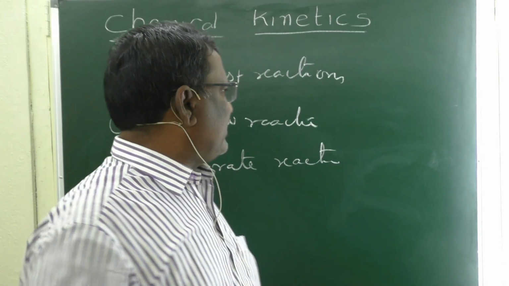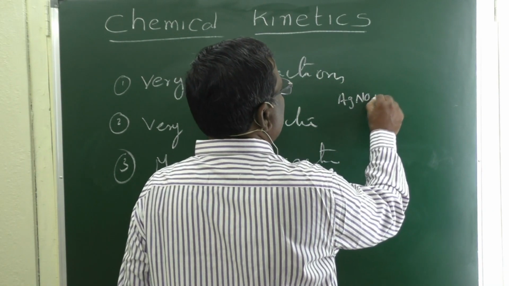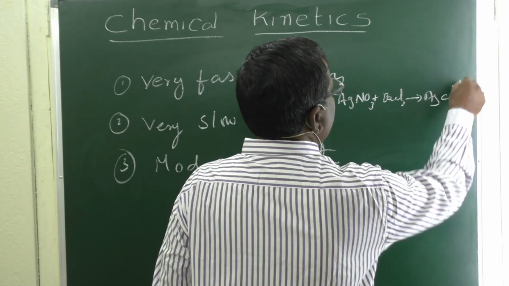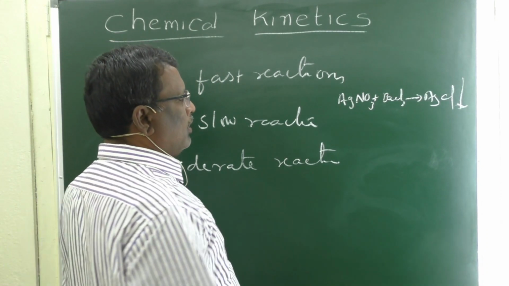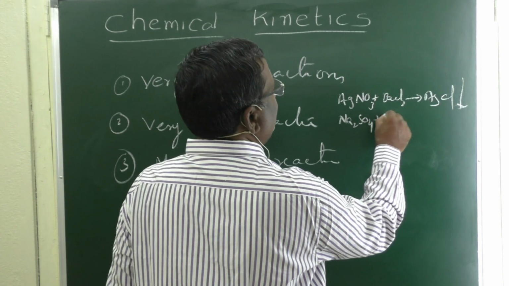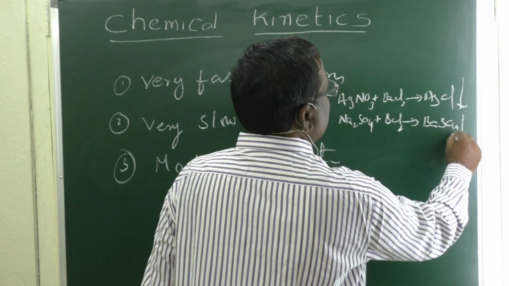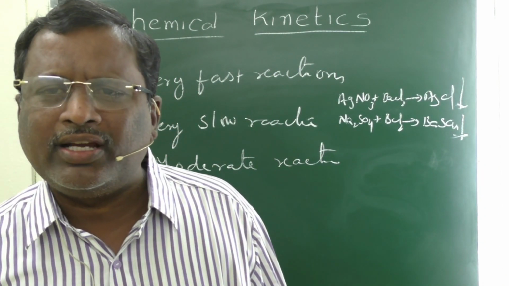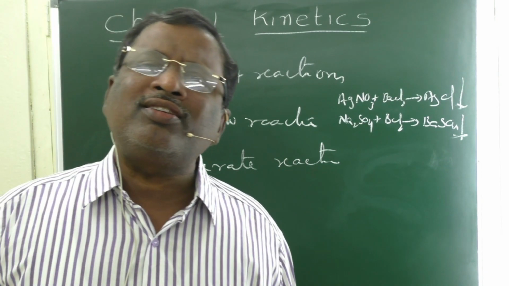If you add AgNO3 to BaCl2, AgCl is precipitated immediately, within fractions of seconds. Or if you add sodium sulfate to barium chloride, then barium sulfate is precipitated out immediately. Such reactions are said to be very fast reactions.